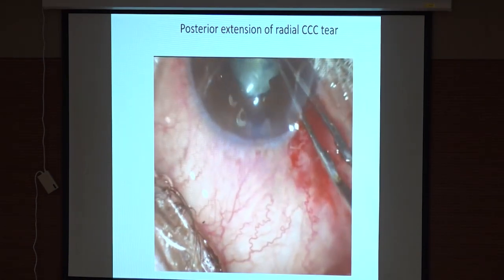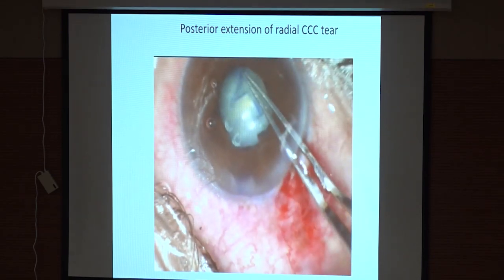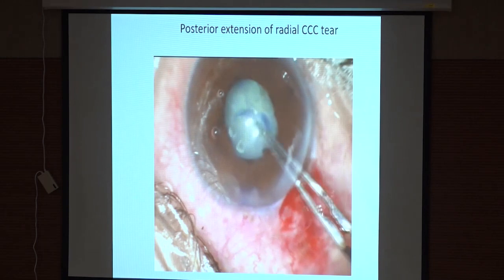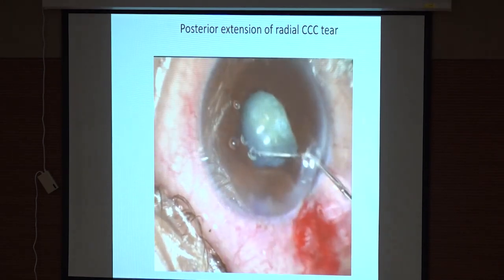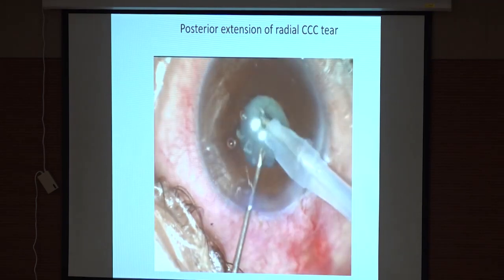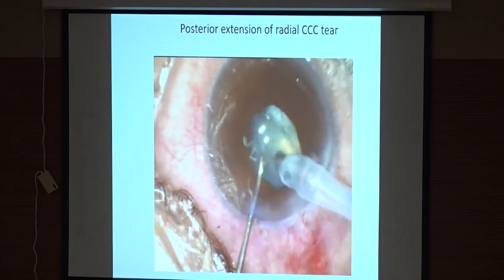You haven't got rid of the radial extension. So once you're a little more experienced, you can try the Little's maneuver and some of the other maneuvers in trying to get the rhexis back into the visible area and again have a complete rhexis.